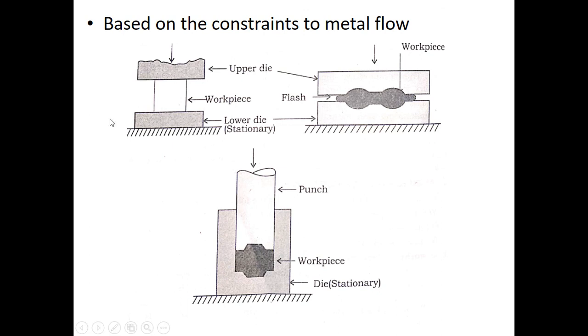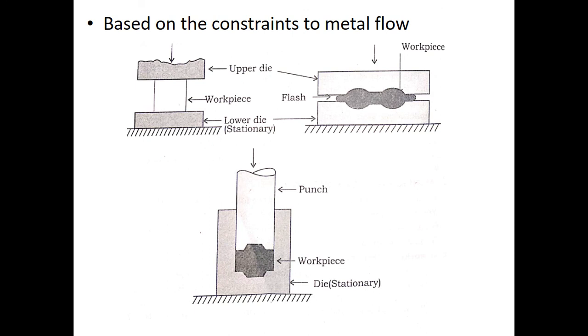You can see that in this direction there are no constraints, only the constraint in this direction. That's called open die forging. Similarly, the last picture is an example of closed die forging. The die surfaces are shaped according to the required contour of the final product. Here, the work material is constrained to flow as per the shape of the dies.